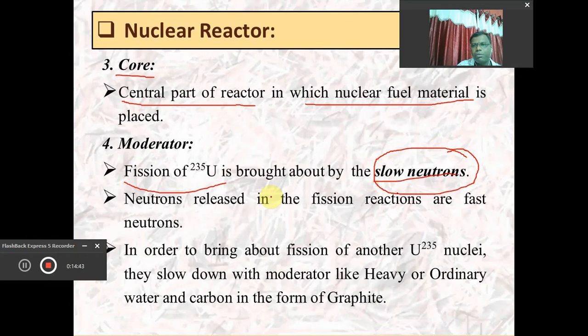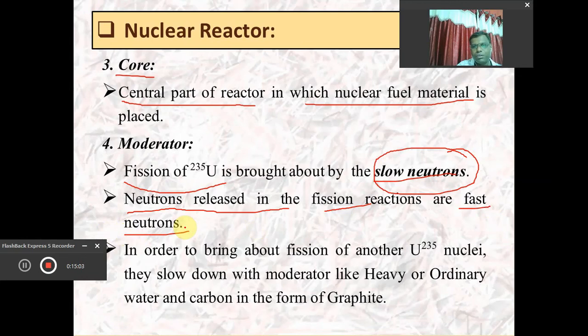So in order to obtain the nuclear energy, this target material or the nuclear fuel must be bombarded by slow neutrons, and the neutrons released in the fission reactions are fast neutrons. Actually, we don't want fast neutrons, we require slow neutrons.